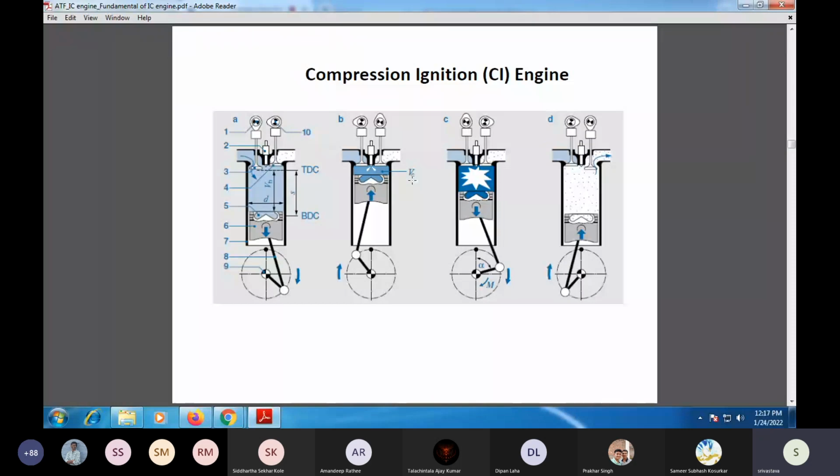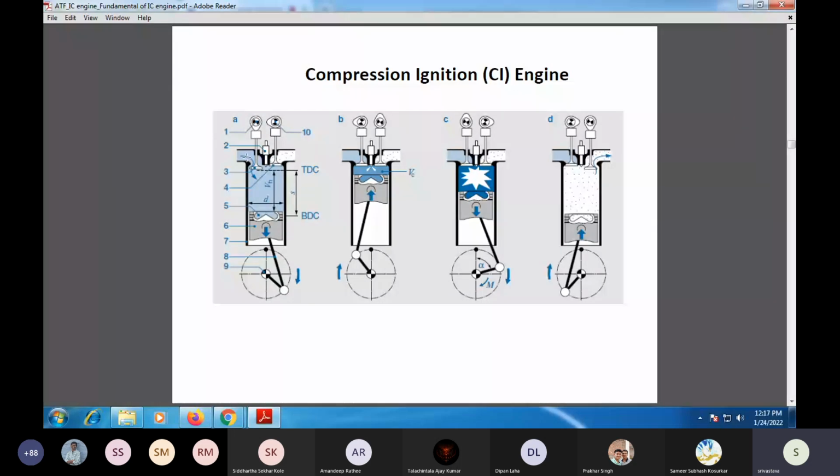Since the compression ratio of the diesel engine is very high, the compression end pressure or temperature, towards the end of the compression stroke, will also be very high. There's another thing I would like to discuss here.